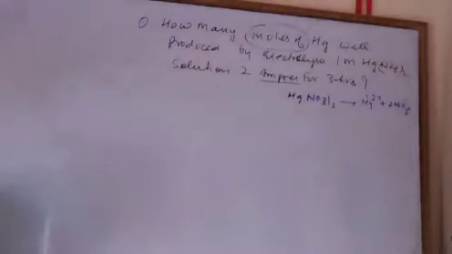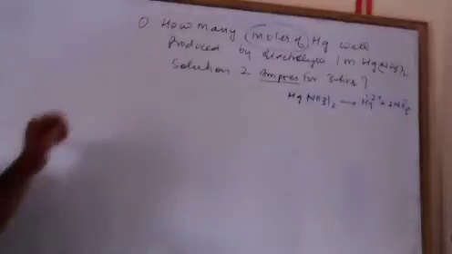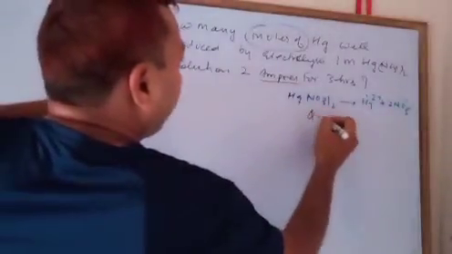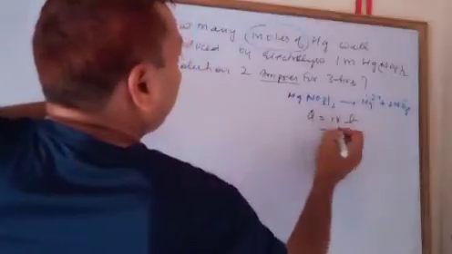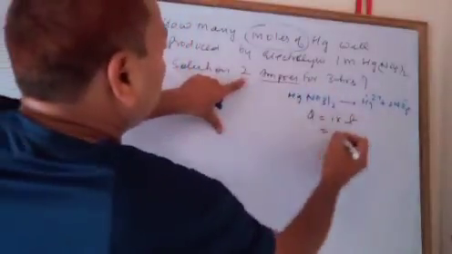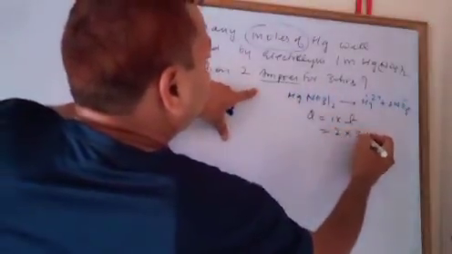So first we will calculate the quantity of electricity passed. Q is equal to I T. What is the value of I? I is 2 ampere. Time is given as 3 hours.